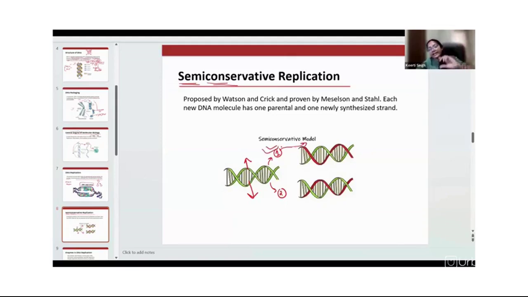It means we are creating a copy using template number 1, and in the second part we are creating a copy using the second strand as a template, right? That is why it is called semi-conservative. It means the original strand from the previous DNA will be there during the second replication, right? In this way, in each generation, the first generation will have a copy of the first DNA, and the second generation will have a copy of the first generation DNA, right?